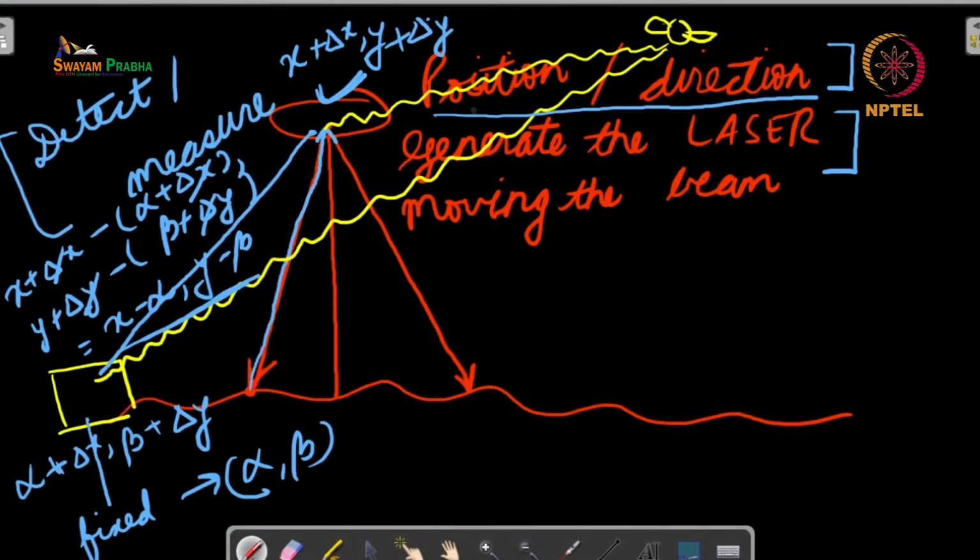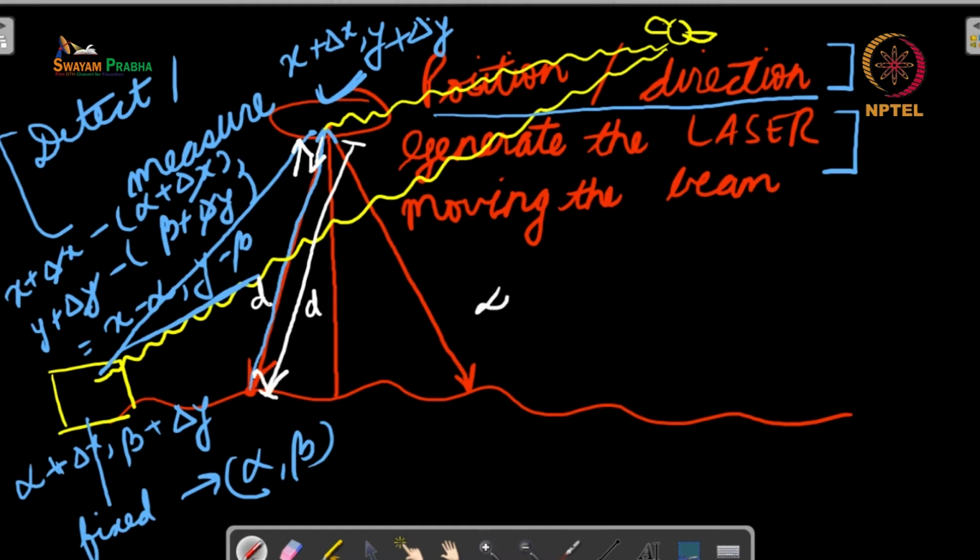Next, we generate the laser and move the beam, and the beam interacts and comes back. Now the distance of this point from the aircraft is d. When the laser has been sent and is received back, in that time the laser covers a distance which is twice d, because it travels d from here to here in this direction and it travels the same distance back.